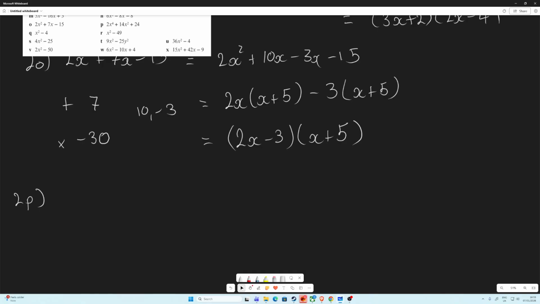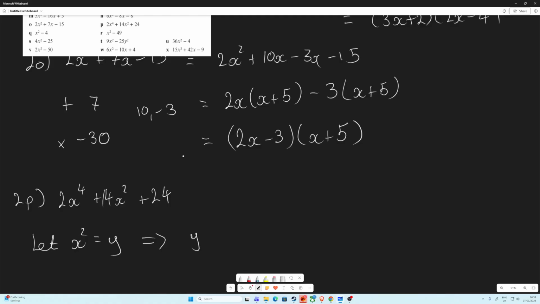Okay, let's have a look. We have 2x to the power of 4 plus 14x squared plus 24. So we can let x squared be equal to y. Therefore, we have n divided by 2.